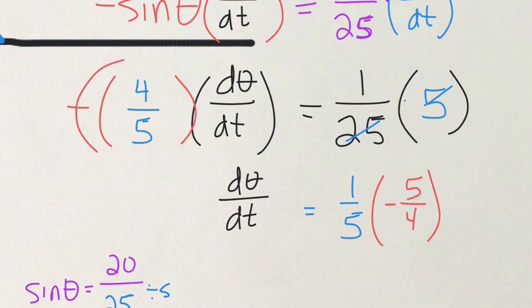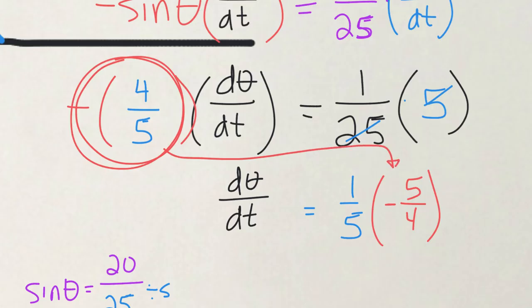So I am multiplying by its reciprocal, or dividing by 4/5, in order to move my negative 4/5 from the left to the right. So I am multiplying by 5/4. That's how I get rid of 4/5. The 4's cancel, the 5's cancel.